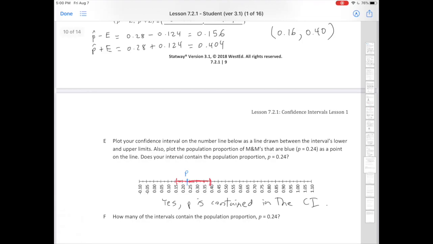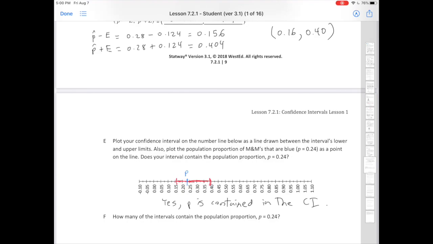Now, this next question, we can't really answer it because we don't have a whole class of you to do this. But here's the idea. The idea is not all of them are going to contain the real answer, right? Because we know that it's 95% accurate, which means most of them will, but it's possible that a few of those up there will not.